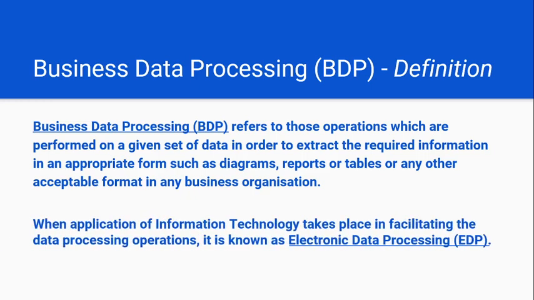Now, when the application of various tools of information technology, for example, computers, takes place in recording, classifying, analyzing and summarizing business data, and conversion of that analyzed and summarized data into meaningful information, that is, when it facilitates data processing operations, it is known as electronic data processing, that is EDP.